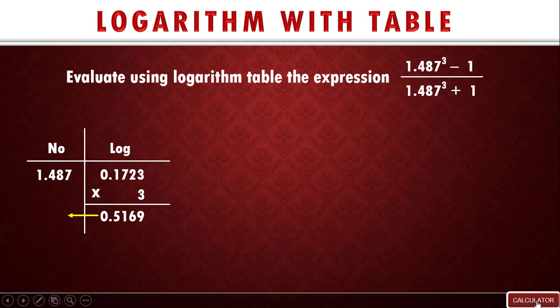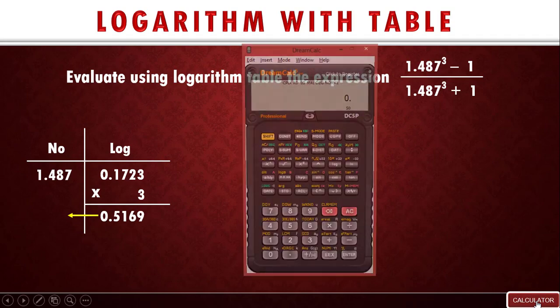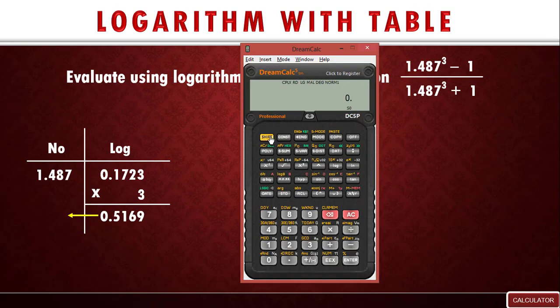So use the calculator and press shift or second function log and press 0.5169 and press equals to or enter. This is going to give 3.288 if you approximate it to 4-figure.